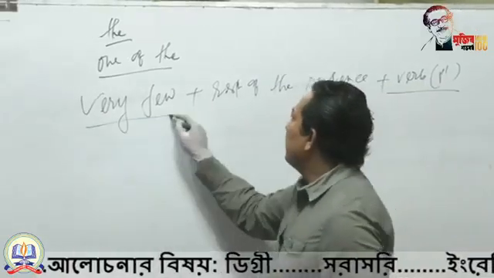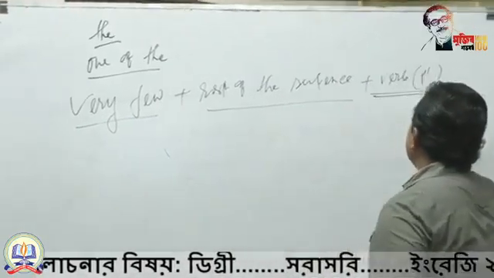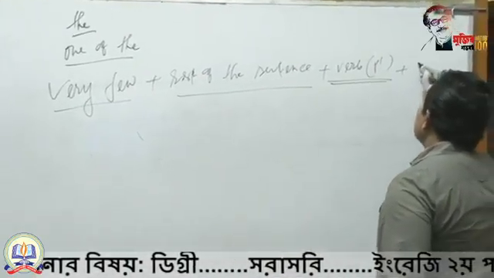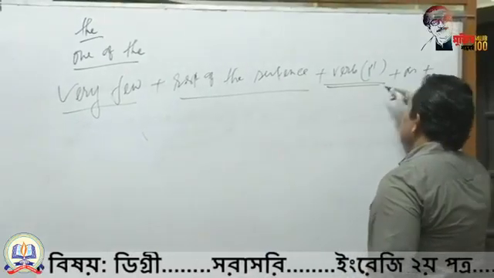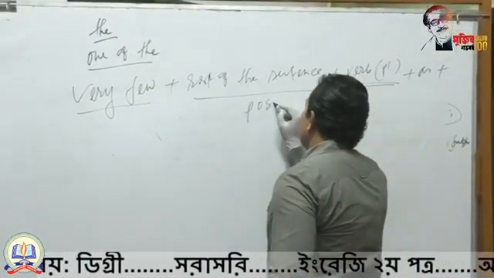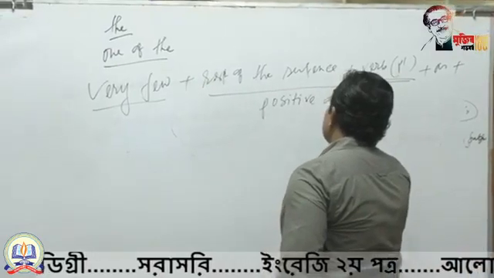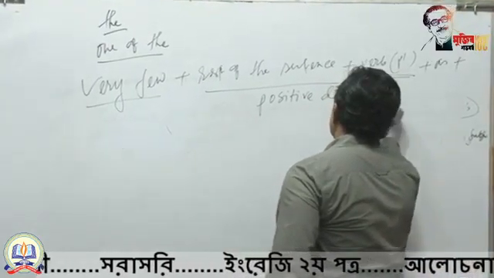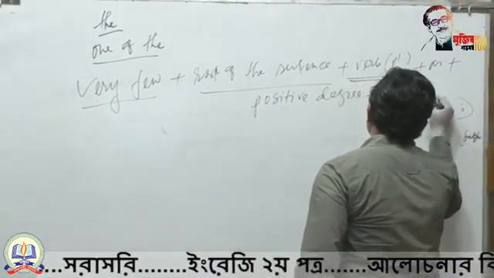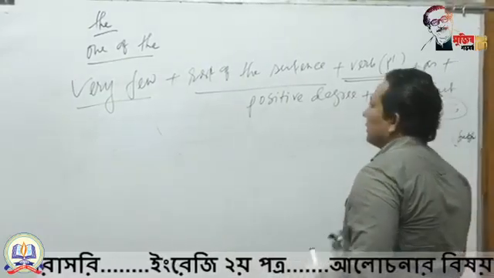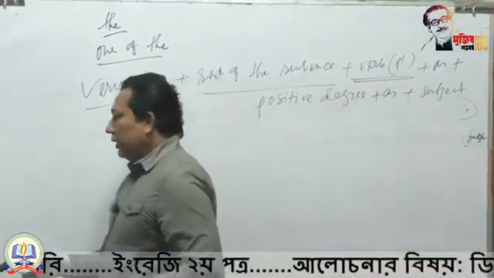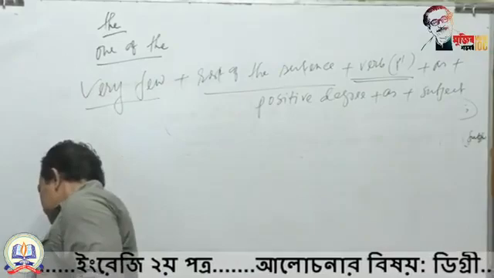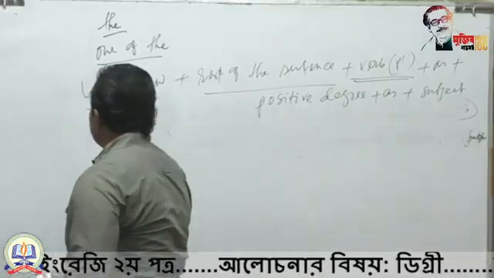That means very few, rest of the sentence, verb plural form, plus "as," plus positive degree, plus "as," plus subject. In this way, you can transform superlative to positive.